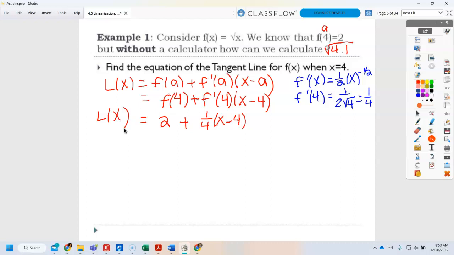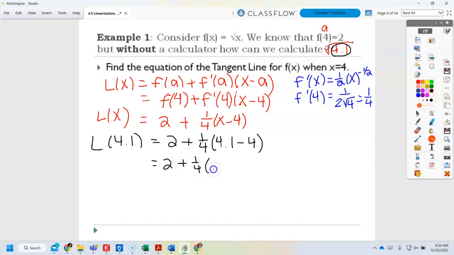Then what we want to do is use L of x to predict 4.1. So L of 4.1 equals 2 plus 1/4 times (4.1 minus 4), which equals 2 plus 1/4 times 0.1. The 0.1 is like 1/10. So a 10th times a fourth is 1/40th. So you get 2 and 1/40th.